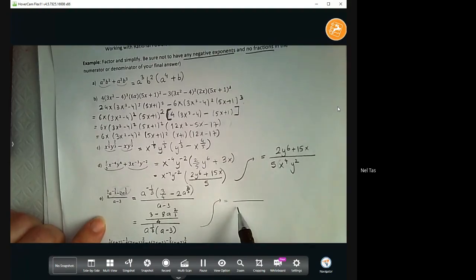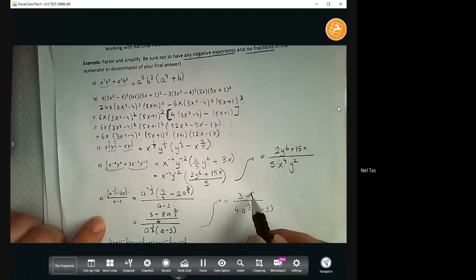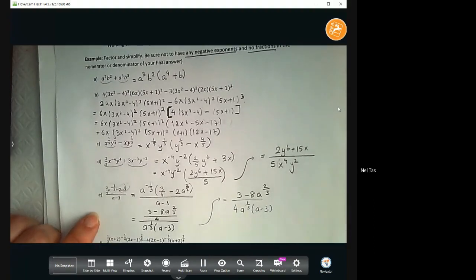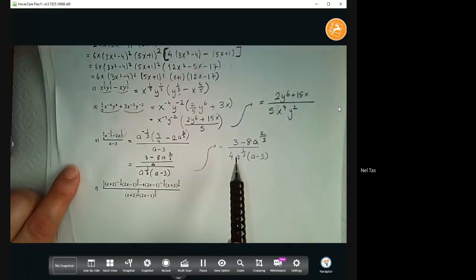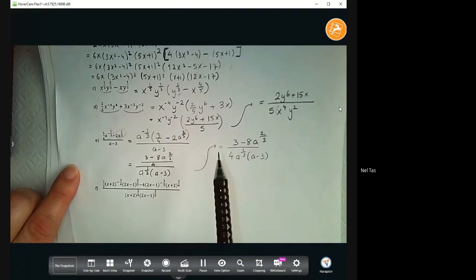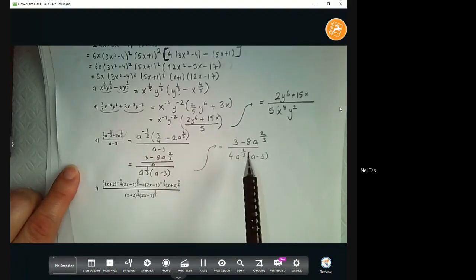So 4a to the power of 1 over 3, a minus 3, and we have 3 minus 8, a to the power of 2 over 3. As you see now, we don't have any fractions in numerator or denominator, and we do not have any negative exponents. So everything is in factored form.